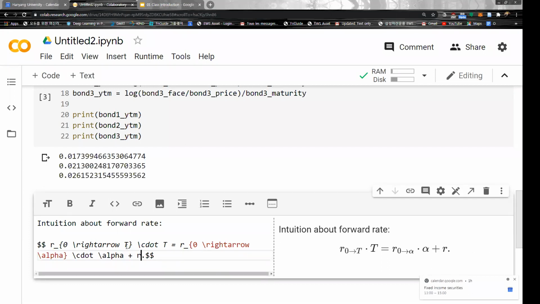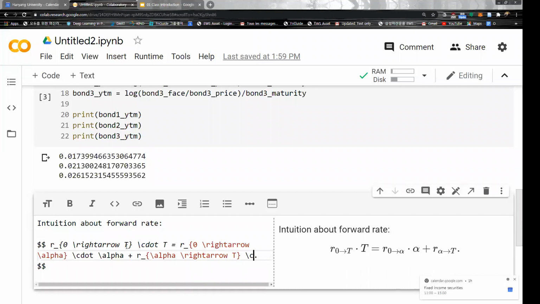Because it is interested in the future, from alpha to big T, and then T minus alpha.